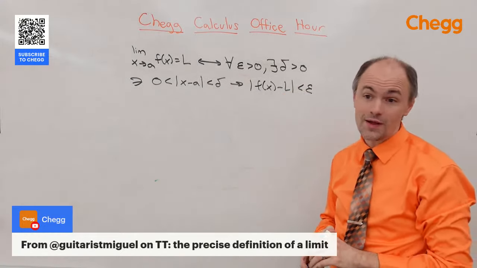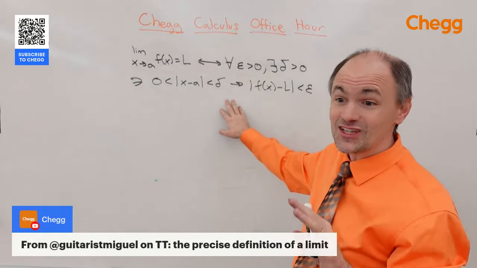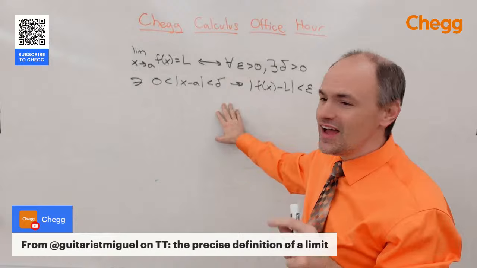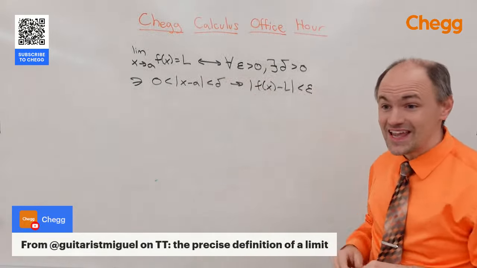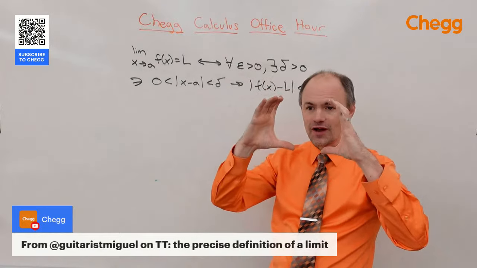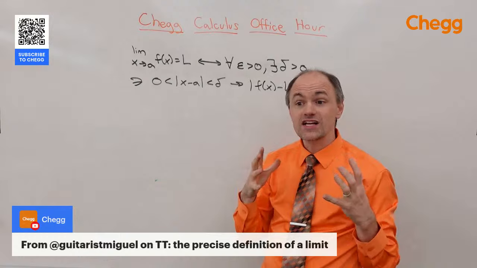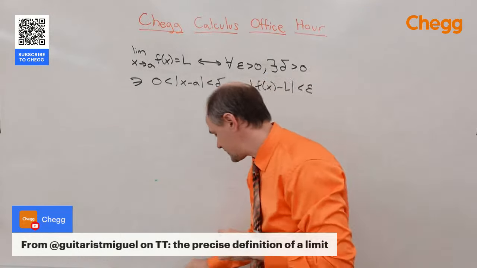And I think one of the reasons why mathematicians love this precise definition of a limit so much is it looks like gibberish. But if you understand what it's saying here, it's actually drawing a box around our limit. And as that box gets smaller and smaller, we're going to get closer and closer to our limit.